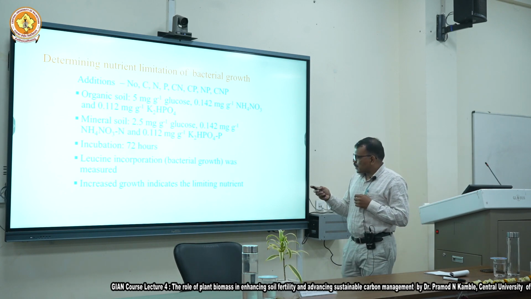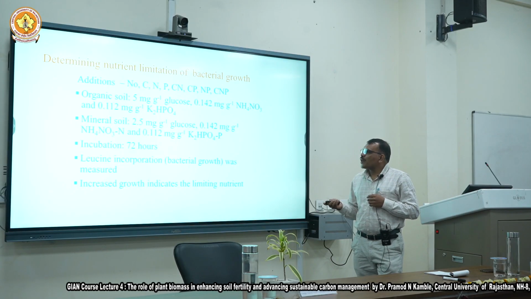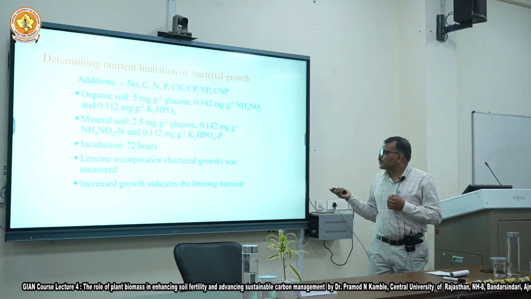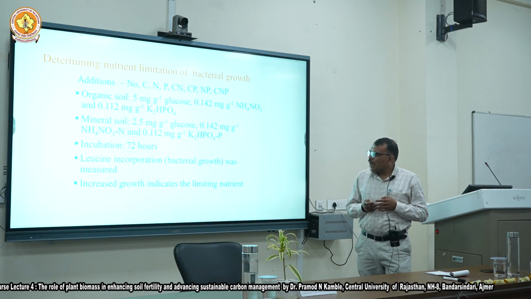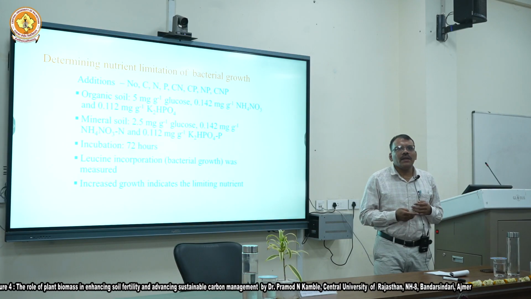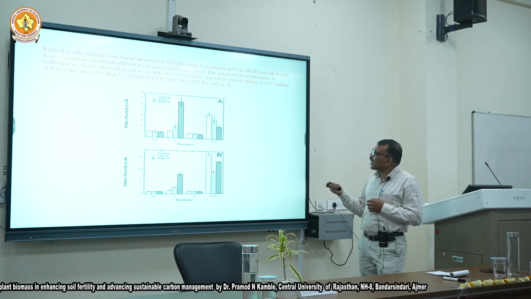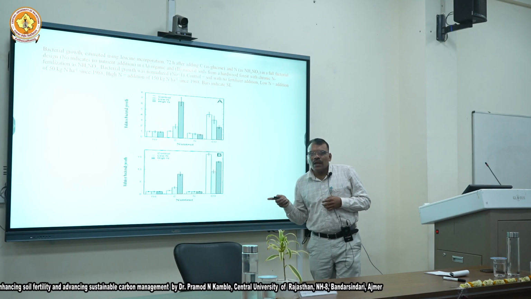After addition of the nutrients, we incubated the samples for 72 hours, and then used an evolution in concentration technique where the bacteria are analyzed, and the growth indicates the limiting nutrient. If you look at this graph, figure A indicates the organic soil and B indicates the mineral soil.